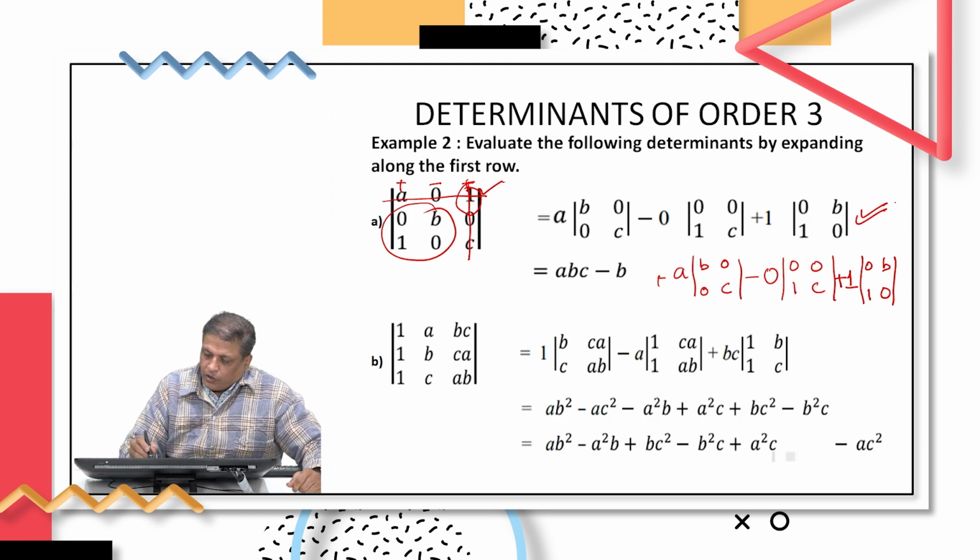Now we expand these expressions. This is B into C minus 0. Since this expression is multiplied by 0, the entire value should be 0. And this expression should be 1 into 0 minus B. So 0 minus B into 1 plus 0 minus A into BC minus 0.